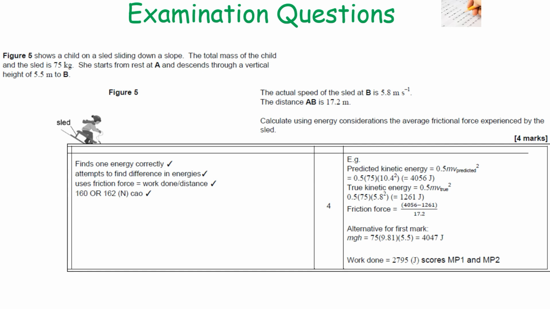So therefore we can divide that value by 17.2, and that works out our frictional force to be 162 newtons. Now again, it's very important to remember that we can work out the work done due to friction by working out what the kinetic energy should be and subtracting what the kinetic energy actually is.